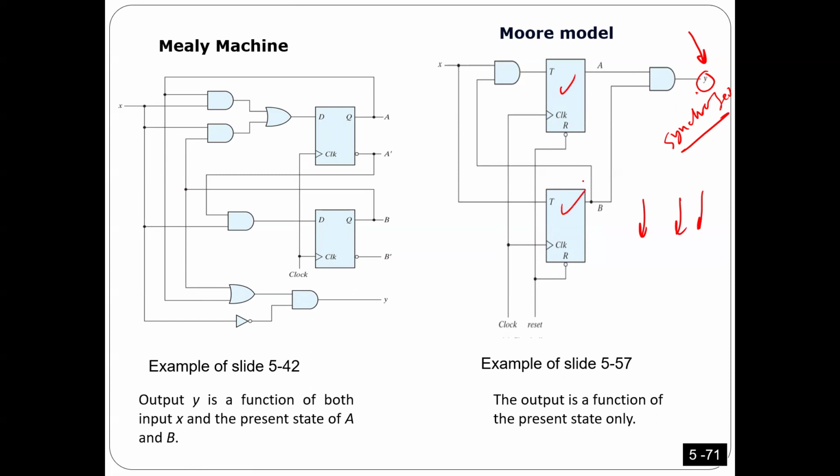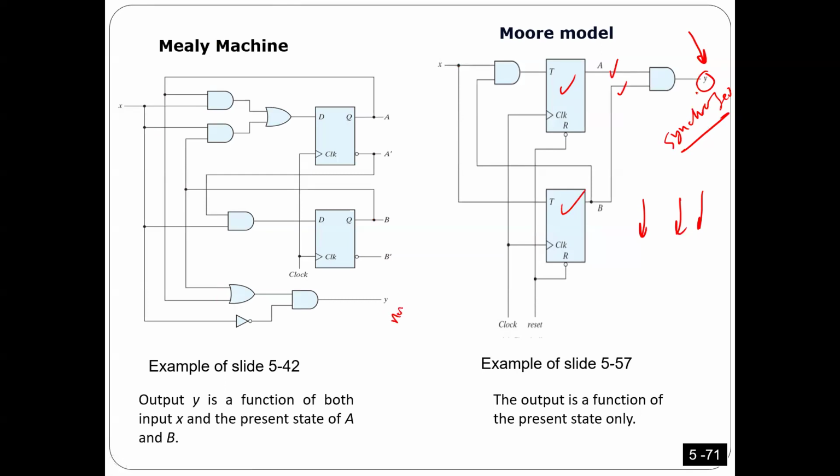Because these flip-flops change their state at the clocks, at specific times. That means the new updated input will happen only at specific points. That's why the new value of Y can be taken only at specific times, either rising or falling edges. So that's why the output here is synchronized.